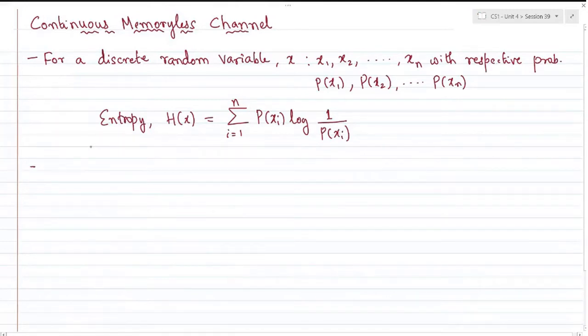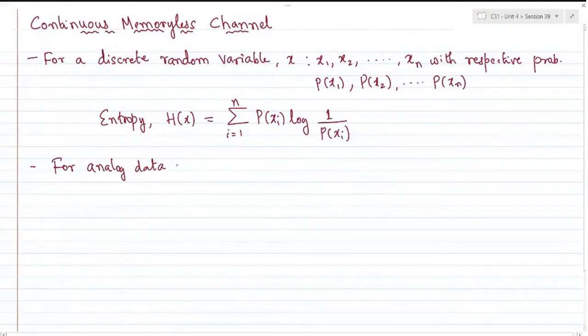So now we'll extend the similar definitions of entropy, mutual information, the conditional entropy, which actually gives the definition of mutual information, and finally the channel capacity for analog data. Okay, for analog data, we have continuous random variables.